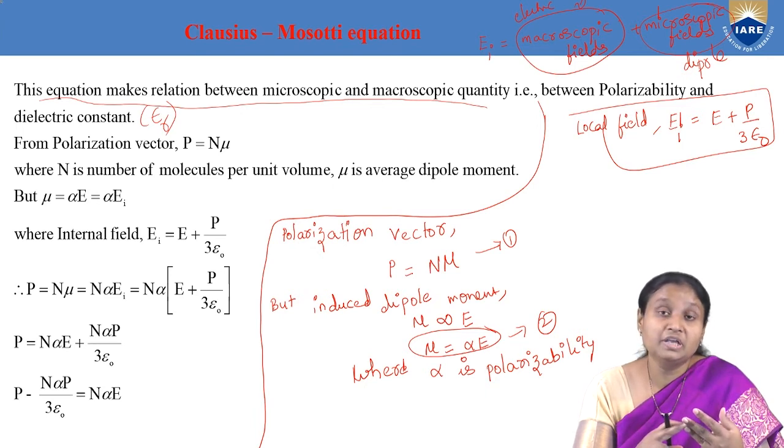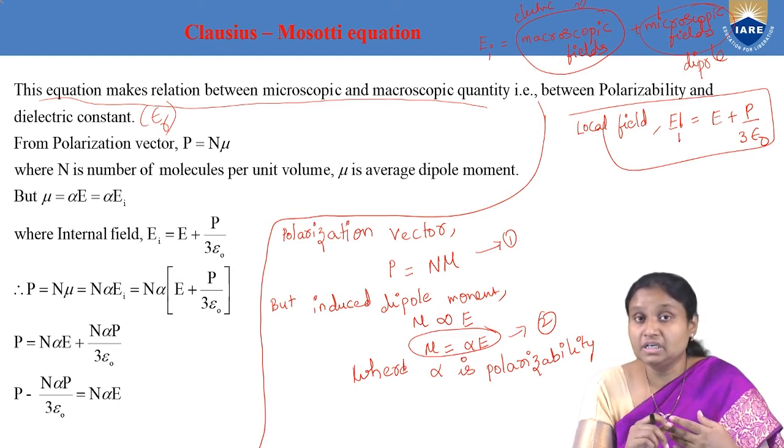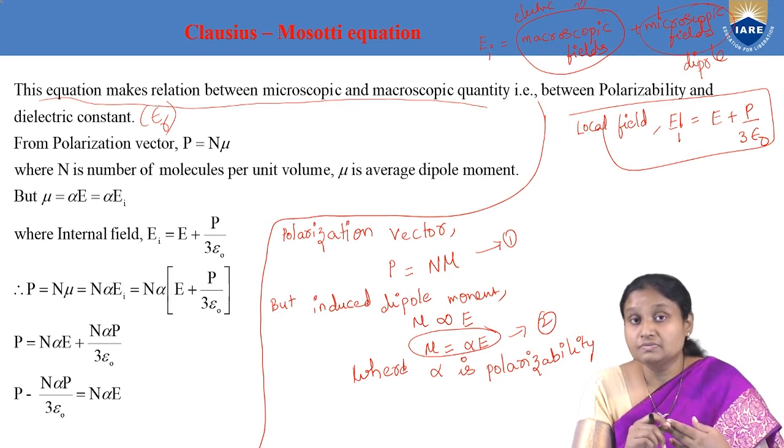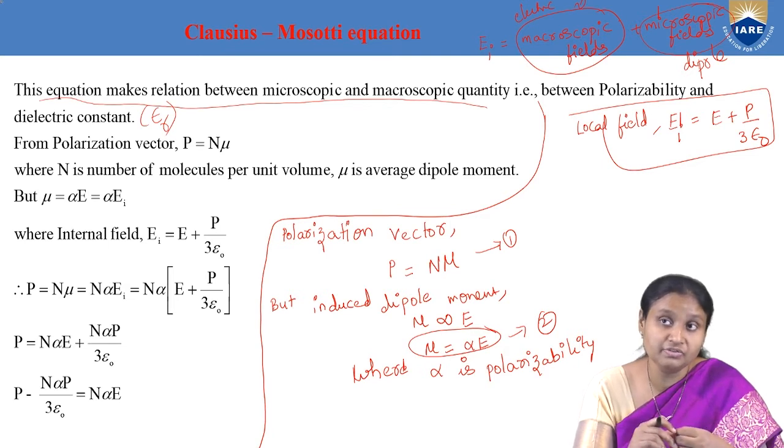Whereas when we talk about microscopic fields, we assume one sphere inside the dielectric material around the point of consideration, and this sphere's dimension is very, very small. The induced charges developing on that imagined sphere plus the electric field due to the dipoles inside the sphere come under microscopic fields.